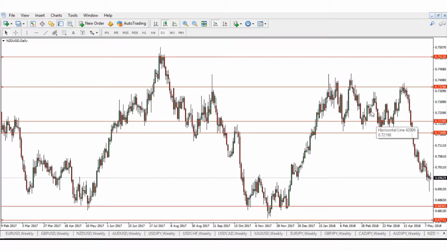The idea is to keep reasonable spaces between it, within 100, 150 and 200 pips. Just don't get so many support and resistance levels on your chart. It will make placing trades really hard. And then another final level before we are done with our levels of support and resistance.